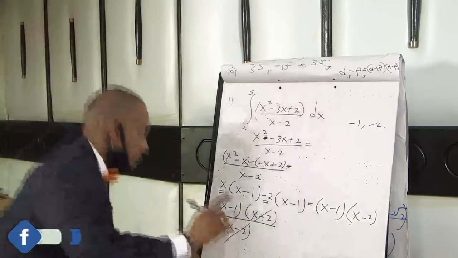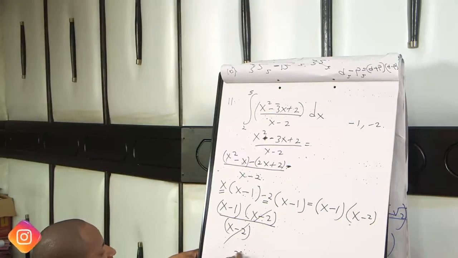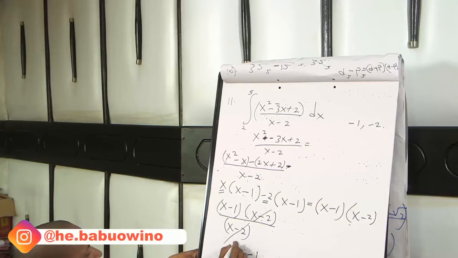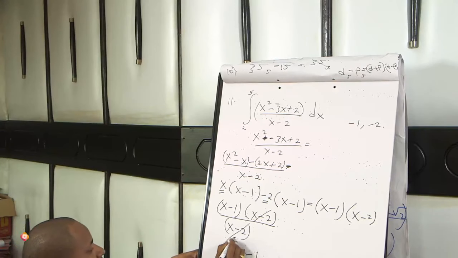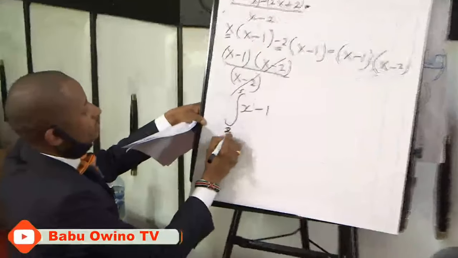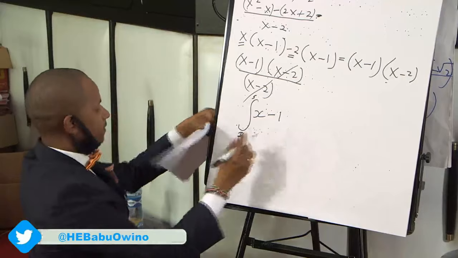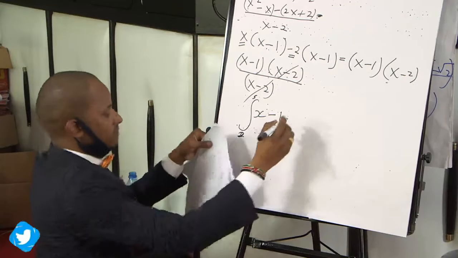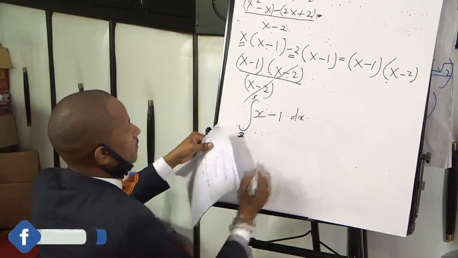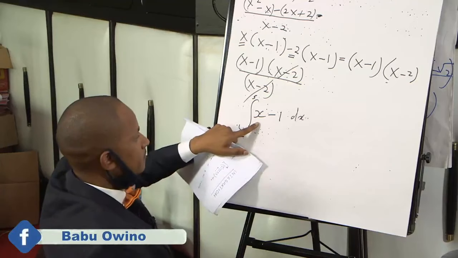So the equation that we have simplified is x minus 1. So you are told to integrate this with limits of 5 and 2, dx. So we want to integrate this value.